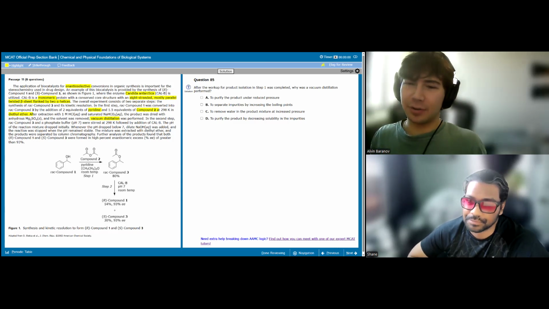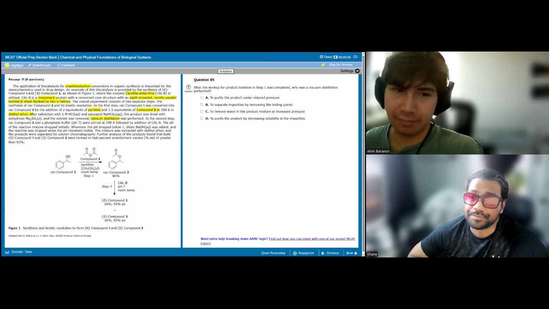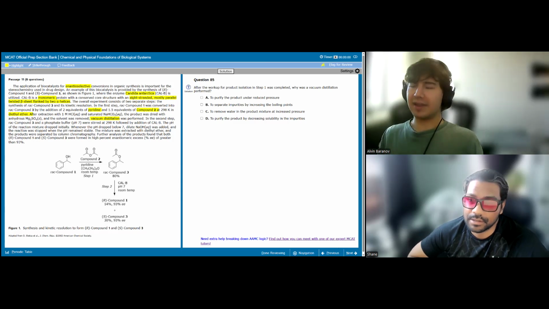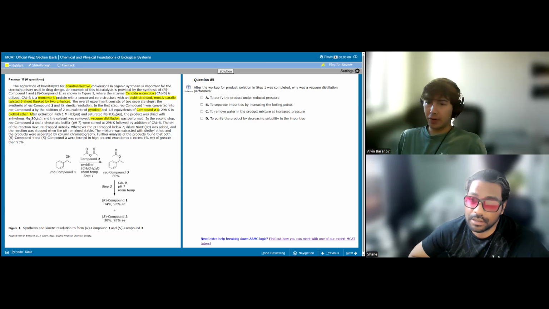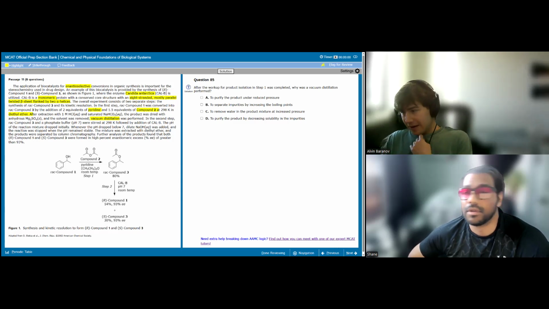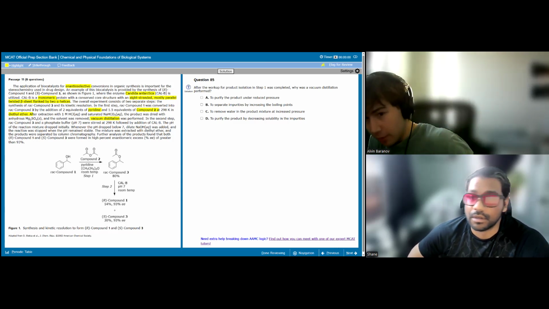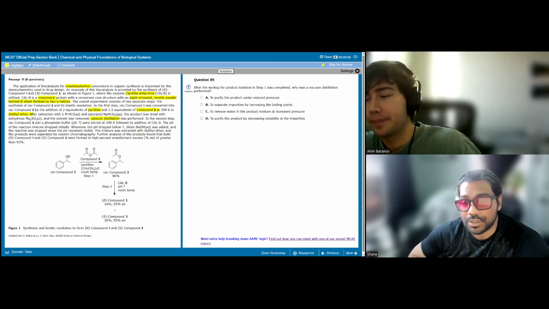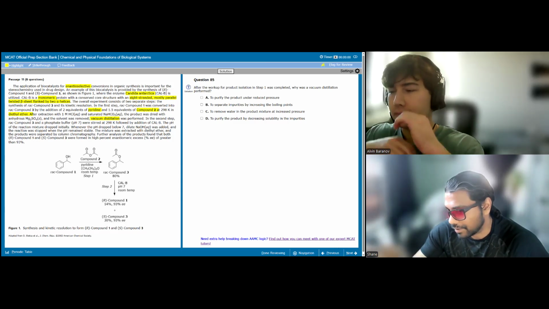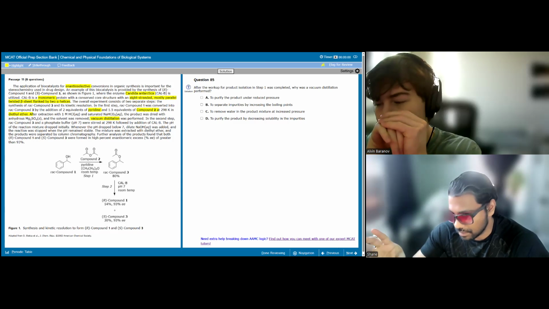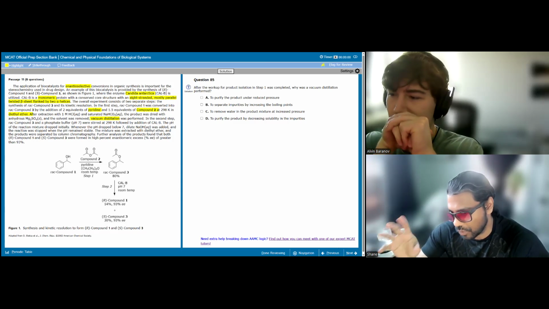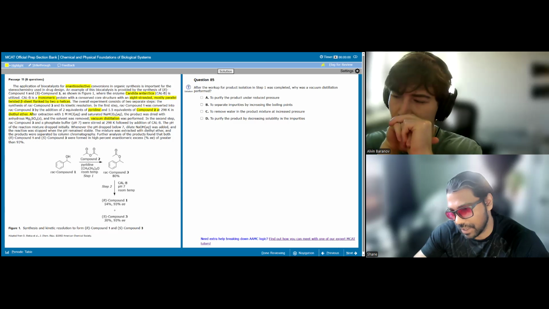I know there's two phases. Yeah, there's the polar and the non-polar, but it varies which one is mobile versus stationary phase. So it's the difference in affinities for the stationary phase compared to the mobile phase.